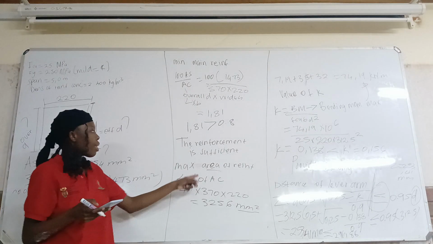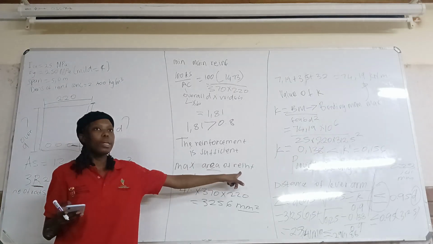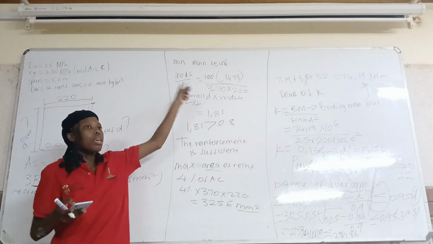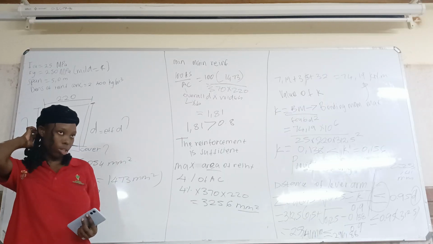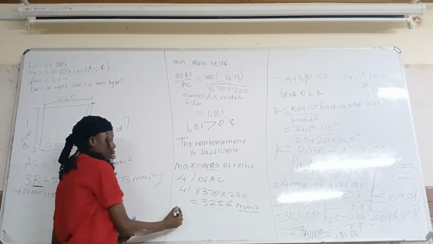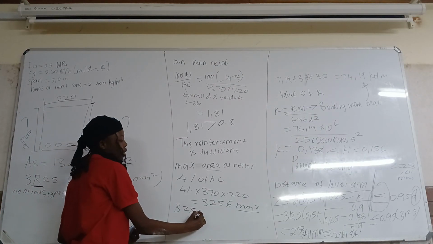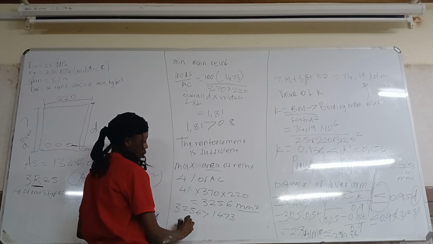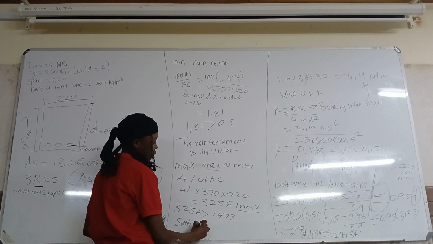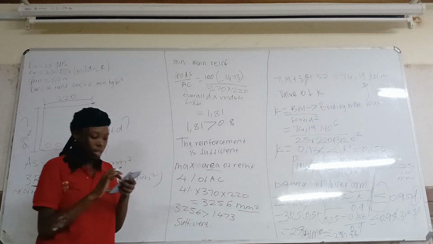So the maximum area of reinforcement needs to be greater than AS. If it is greater than AS, it is sufficient. But if it is less, it is not sufficient again. So we got 3256, it is greater than 1473, it is sufficient.